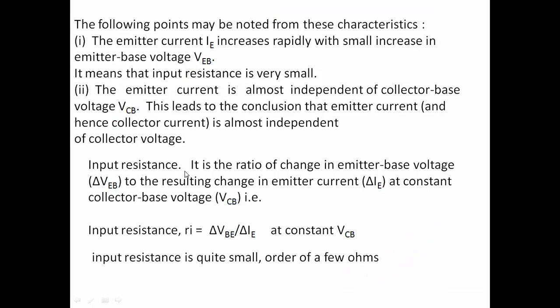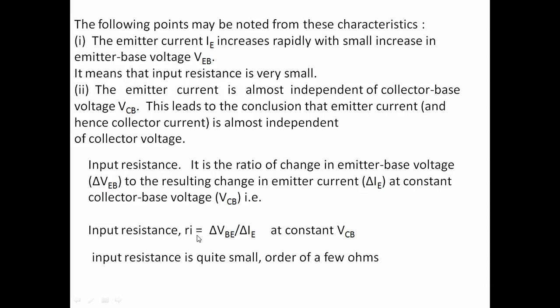Input resistance is given as the ratio of change in emitter base voltage to the resulting change in emitter current at constant collector base voltage. Resistance is nothing but voltage by current. So here the voltage is delta VEB, the change in voltage between emitter and base, to the emitter current delta IE when VCB is constant.